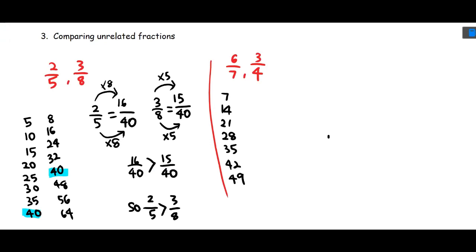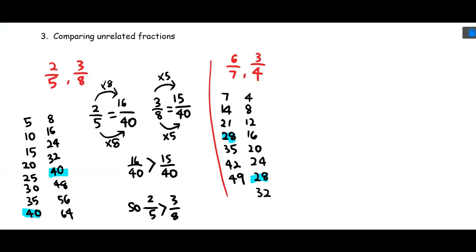Okay, I have enough for now. Okay, and same as just now, I will need to find the number that appears in both the multiplication tables of 7 and 4. So in this case, it will be 28.